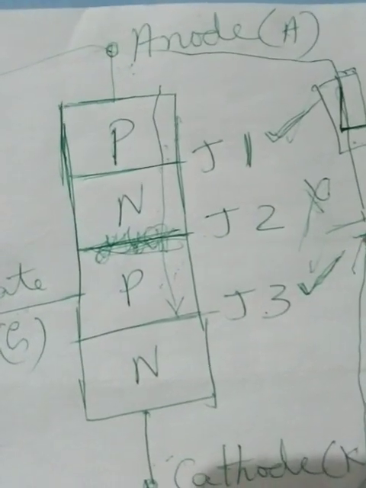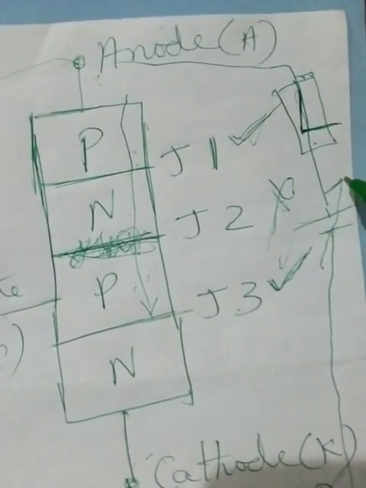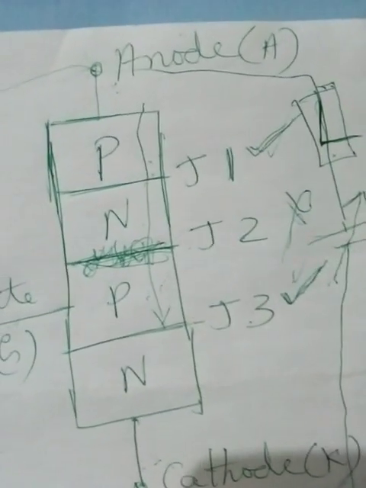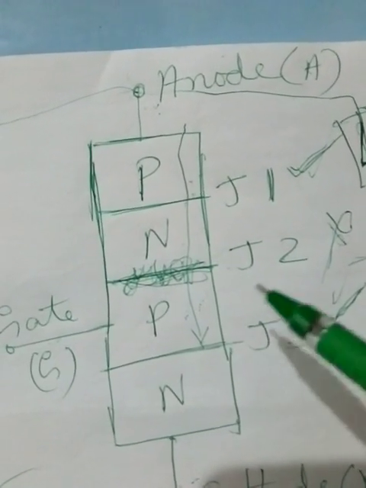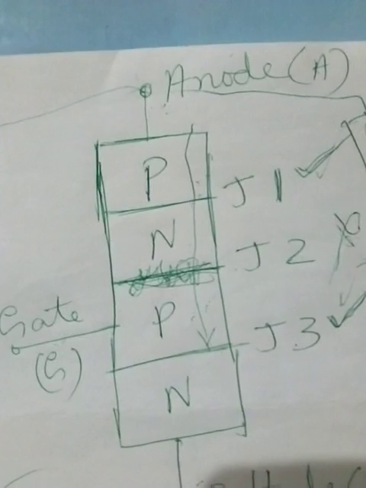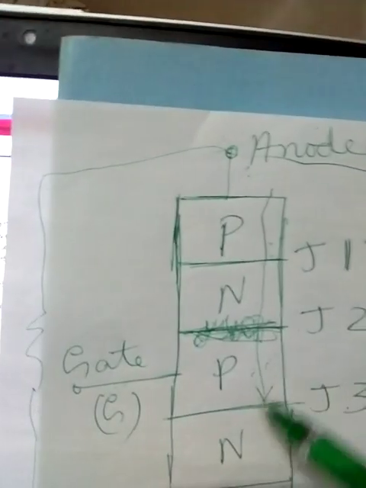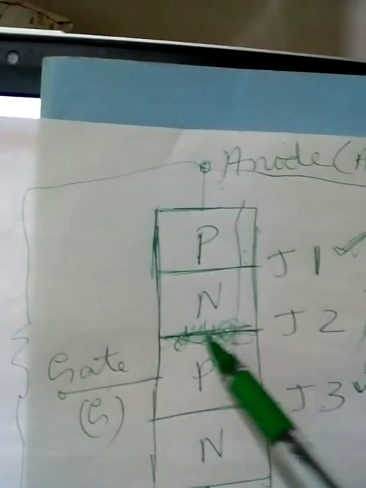If this voltage is increased, then for a small voltage this will not conduct, because this junction is reverse biased.